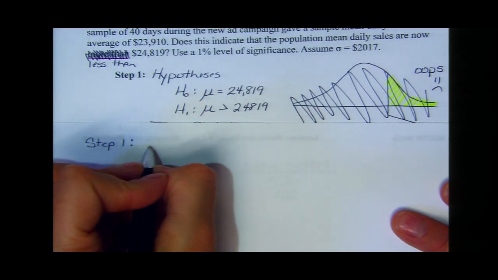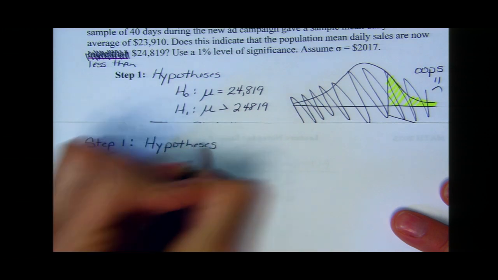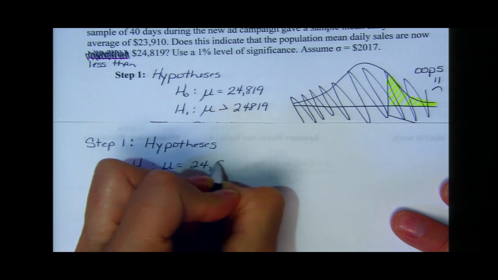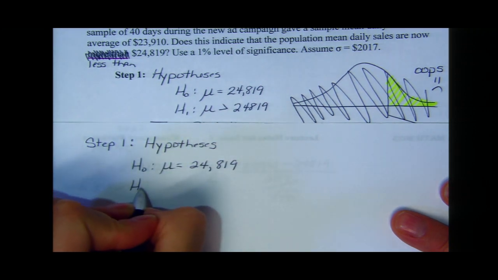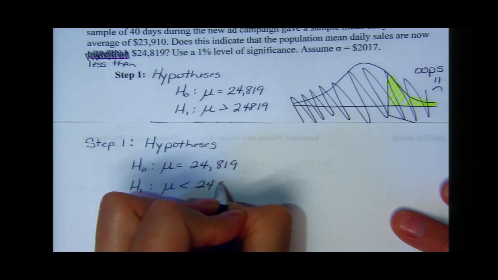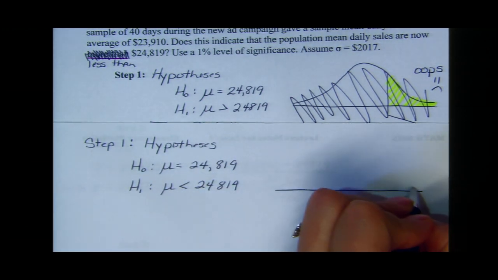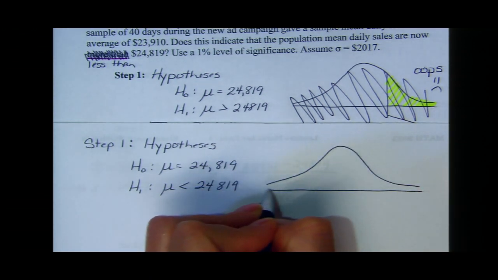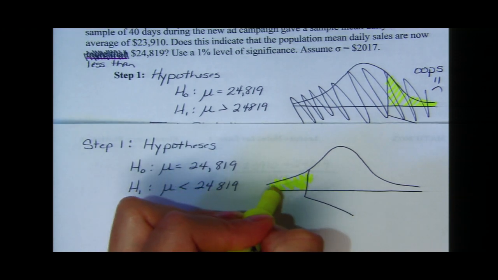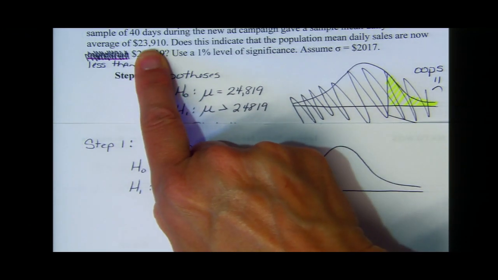So the null is mu is equal to 24,819, and the alternate is less than 24,819. Okay, so this needs to be a less than, so now my numbers make sense. Originally, this problem was a greater than, but I adjusted this number, so I wanted a less than.